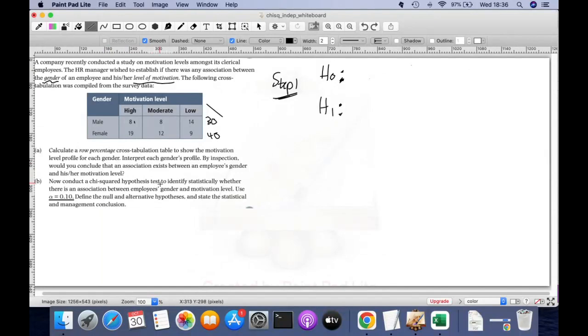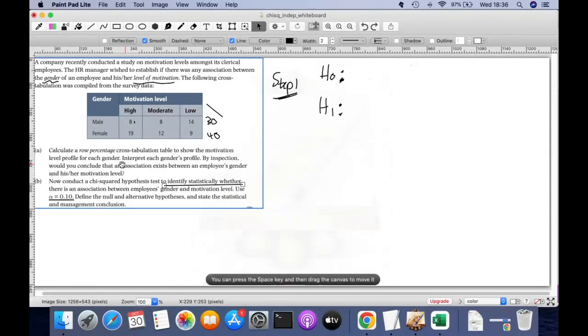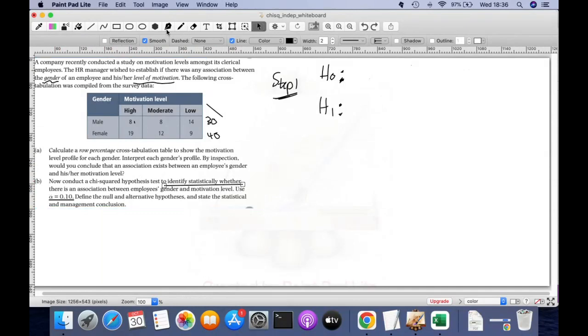Conduct a chi-square test to identify statistically whether there is an association between employees' gender and motivation level.